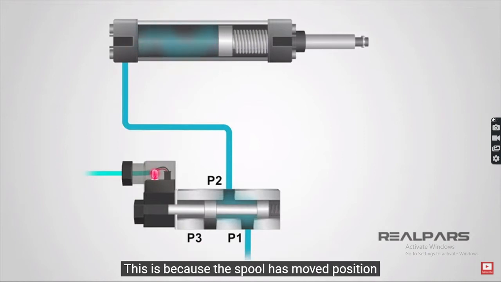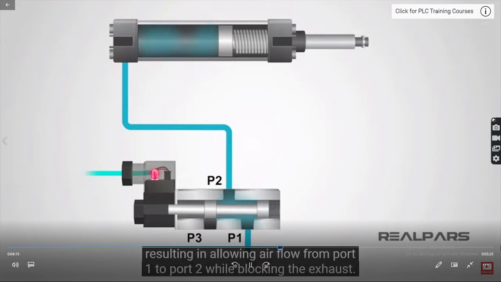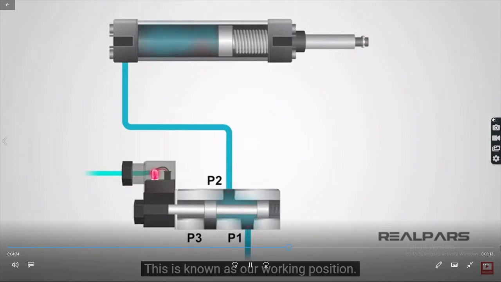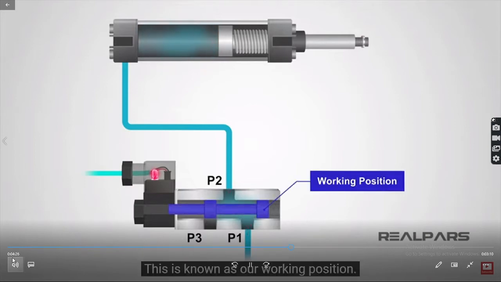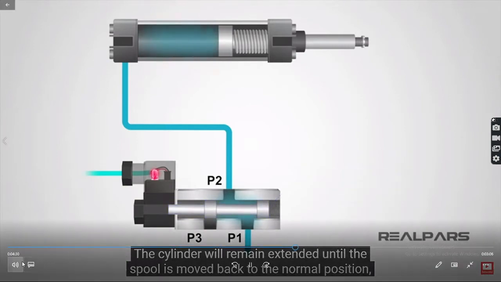This is because the spool has moved position, unblocking port 1 and simultaneously blocking port 3, resulting in allowing airflow from port 1 to port 2 while blocking the exhaust. This is known as our working position. The cylinder will remain extended until the spool is moved.